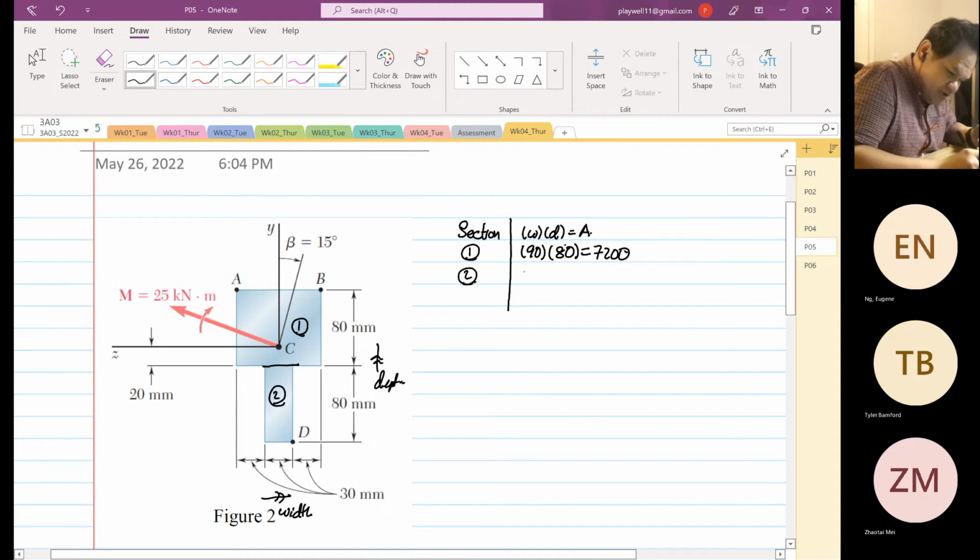Then the width is 30, the depth is 80, so 2400. Y bar from the top is 80 divided by 2, 40, and 80 plus 80 divided by 2, 120.